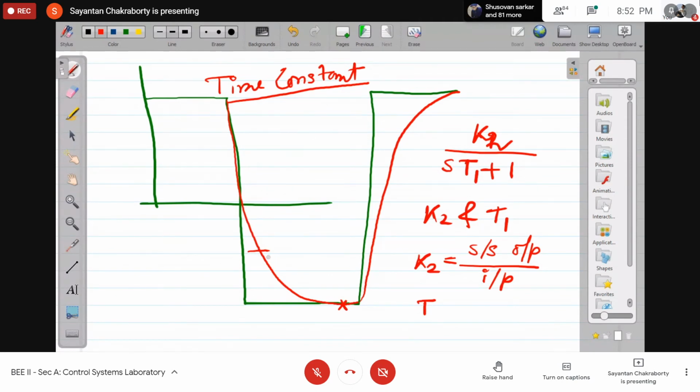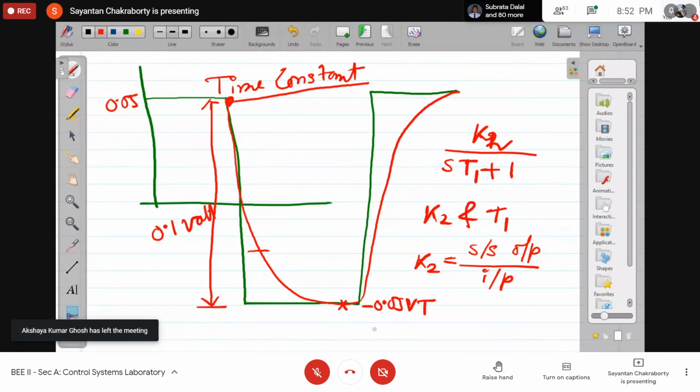Interesting thing to note here is that we are applying actually a step of this much voltage. Say this is 0.05 volt. This is minus 0.05 volt. So actually the step voltage is of 0.1 volt step. And at time t equal to 0, we start from this point, and the steady state value is with respect to this point. So this is the steady state value, and this is the step size, 0.1 volt.